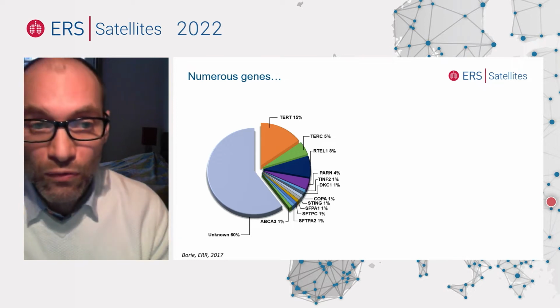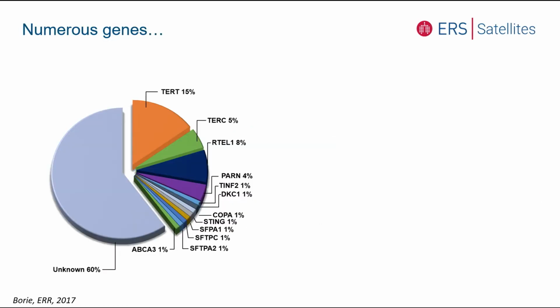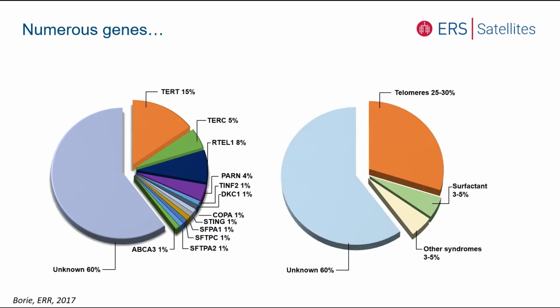If we go back to our first discussion about familial pulmonary fibrosis, we are currently able to evidence a mutation in one dedicated gene in about 30 to 40% of the familial cases of pulmonary fibrosis. You can see on this figure that there are a lot of genes already reported to be associated with pulmonary fibrosis. However, we can simplify this figure and merge the genes into 3 different groups.